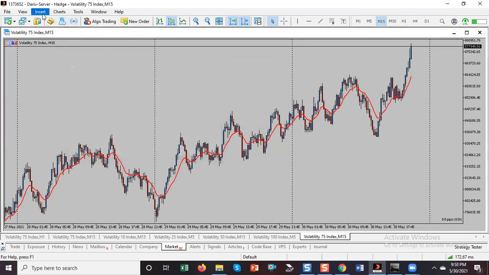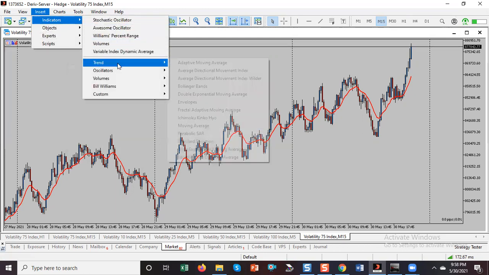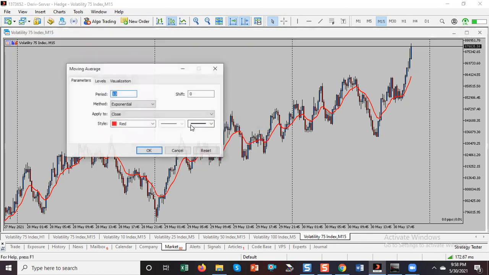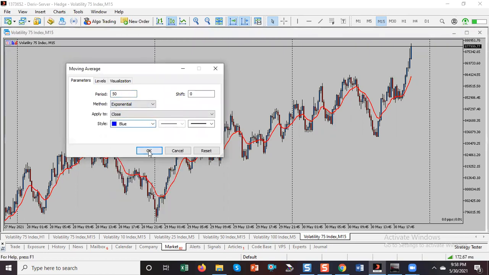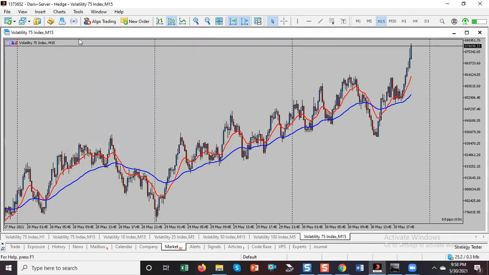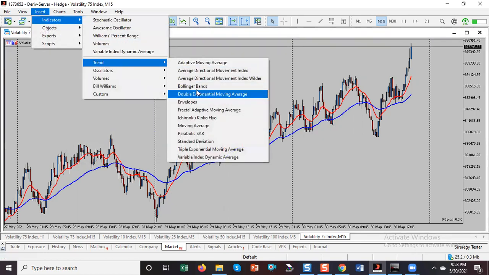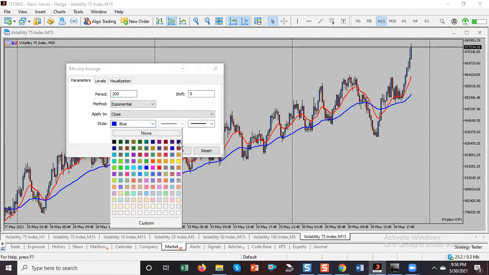Then the second is still an exponential moving average, but the value will be 50, and we use blue color. Then we're going to use another moving average, 200 exponential, applied to close, in navy blue or dark blue.